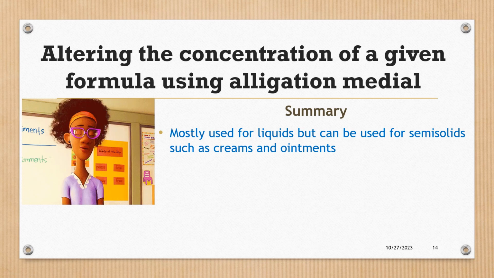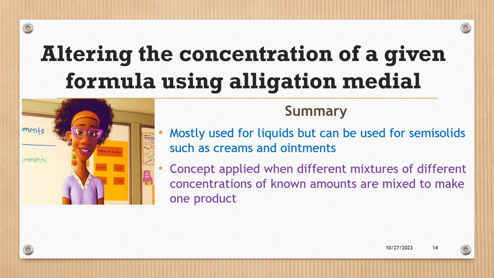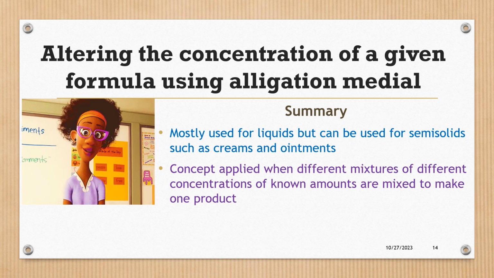Just to note that alligation medial is mostly used for liquids, but sometimes we can actually use it for semi-solids, creams and ointments. The concept is applied when you have different mixtures of different concentrations of known amounts. So you need to know the volume that you're adding to the mixture.